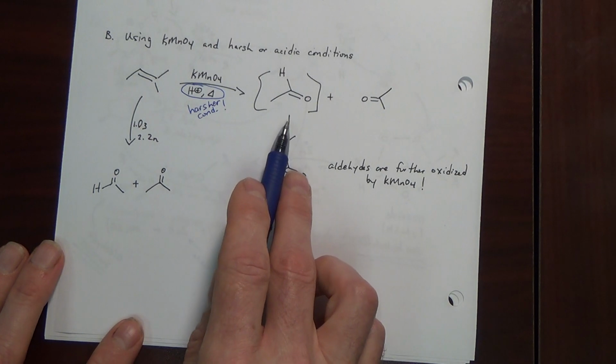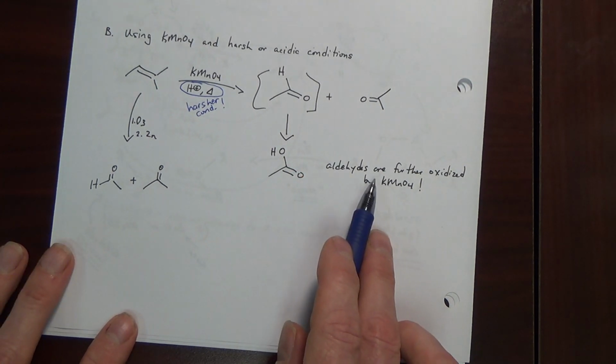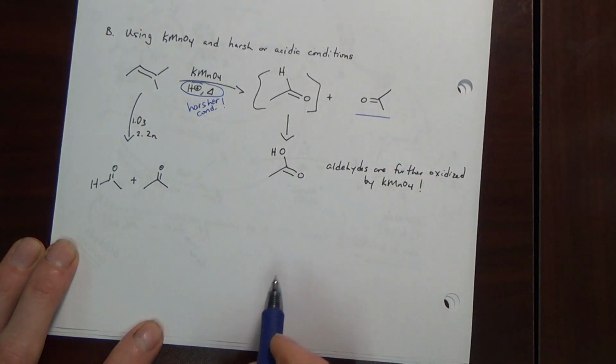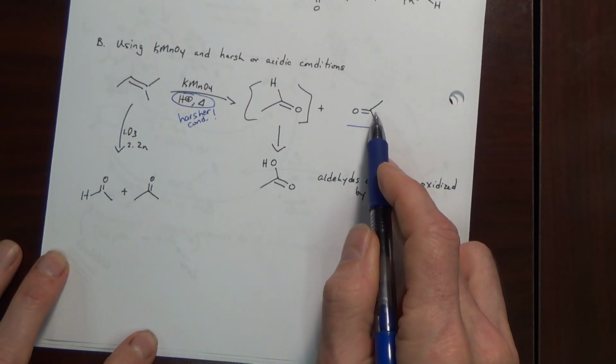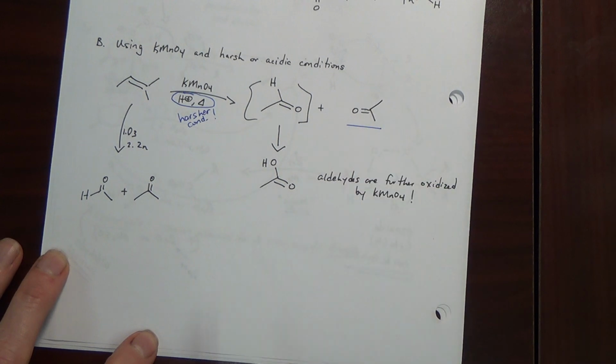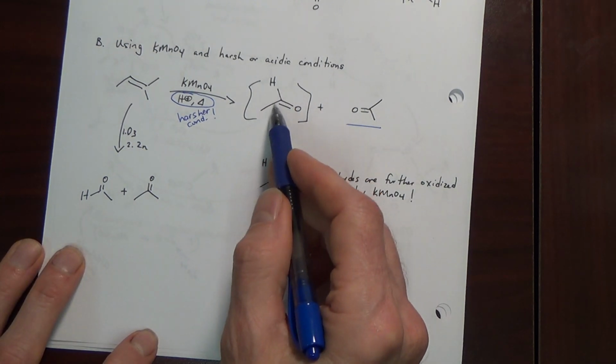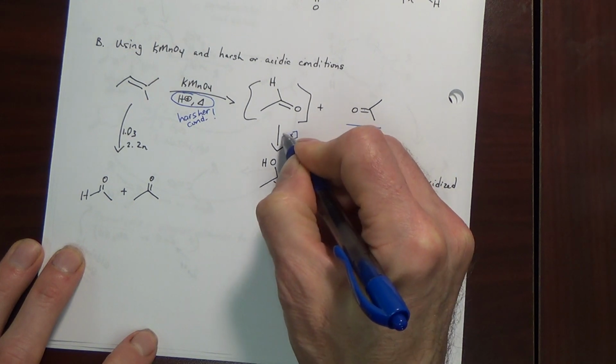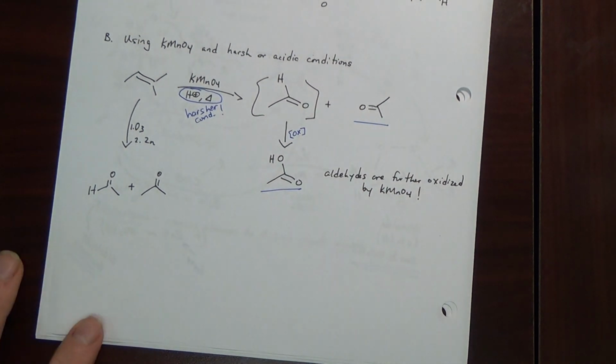And so in this case, we would get this product, which is not further oxidized by KMnO4. But in this case, the aldehyde would get oxidized, and we would end up with the carboxylic acid.